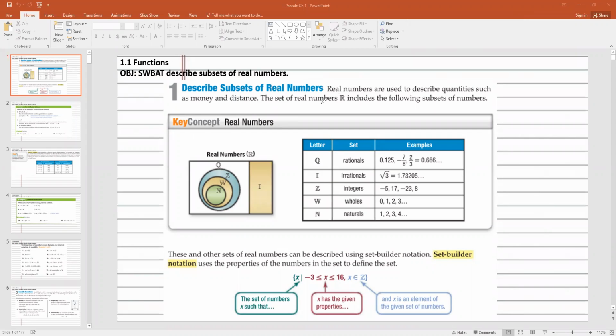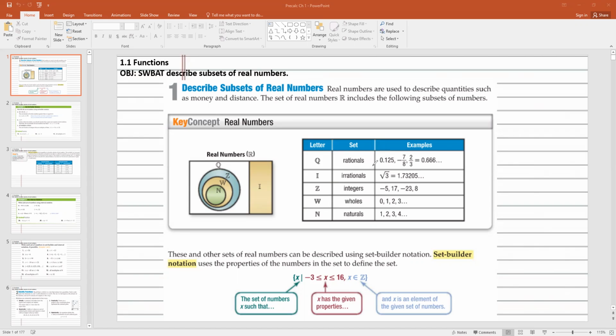So real numbers are basically any number you can think of, with the exception of imaginary numbers. All right. So we have rational numbers.